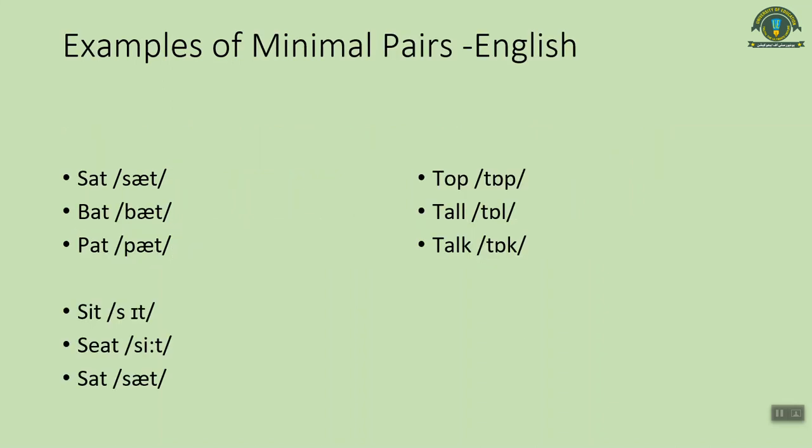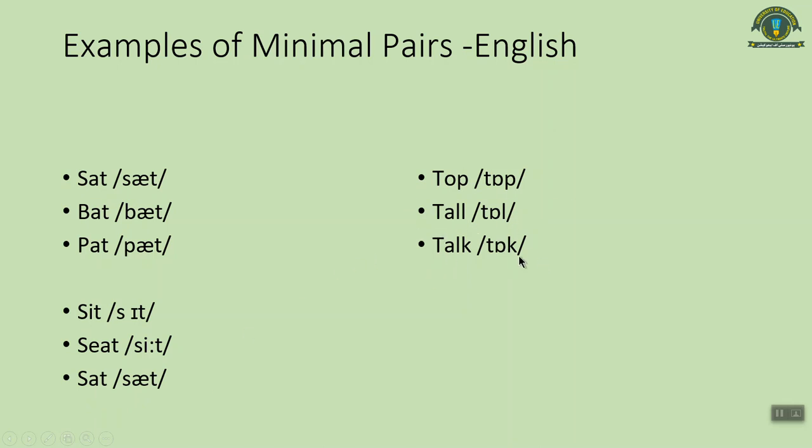Here are the examples. Now observe these. We have the same spellings: sat, bat, pat. So there are three phonemes here, but each word is differing only in one phoneme. And see here as well, like sit, seat, and sat, and then top, tall, and talk.